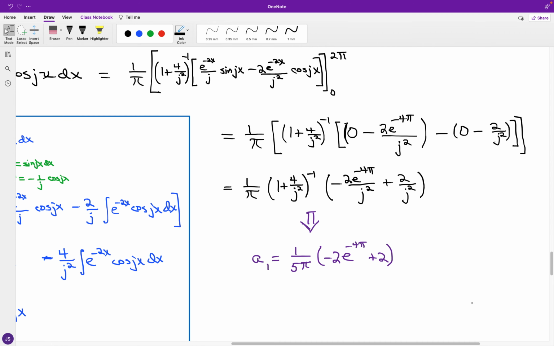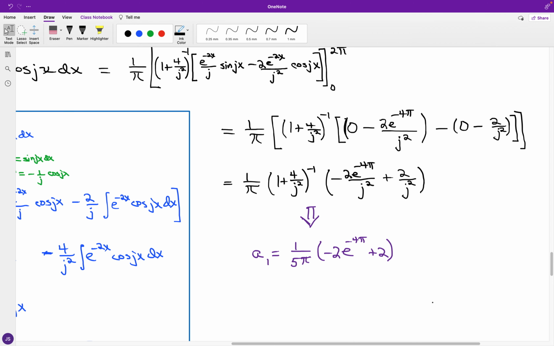And for a sub 1 with j equal to 1, you're going to have 1 plus 4, which is 5 to the negative 1, and the multiplicative inverse of 5 is 1/5, so I can just say 1 over pi times 1/5, so I have 1 over 5 pi times all of negative 2e to the negative 4 pi plus 2.